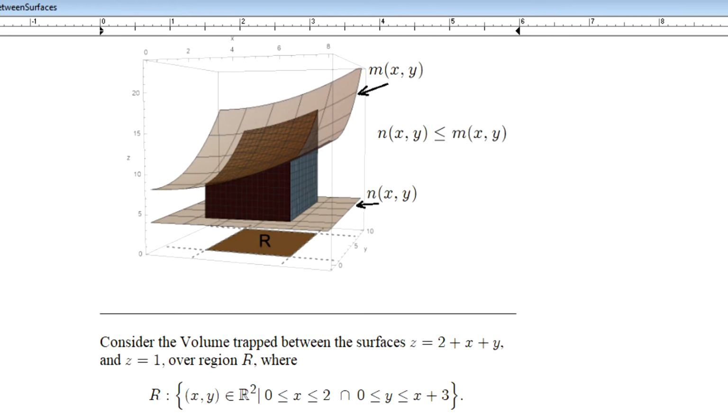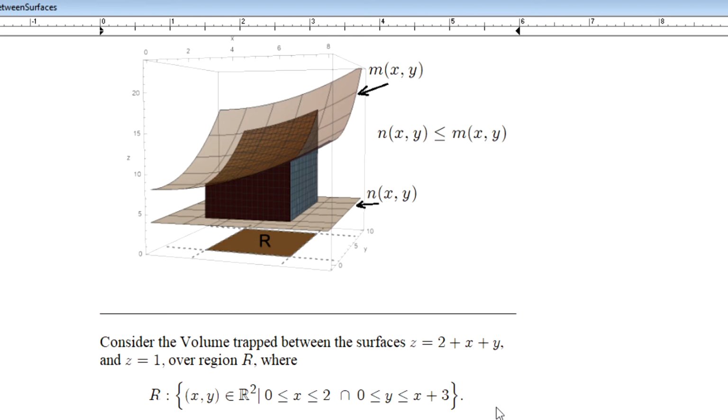The other thing you have to pay attention to is that M and N do not change roles over this region R. That is where producing some graphical illustrations of surfaces M and N, as well as understanding where they occur over R, may be useful, folks.